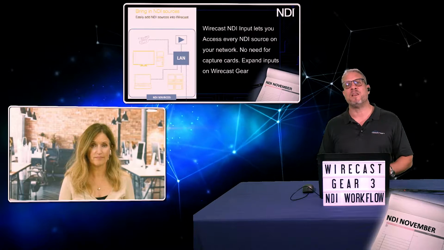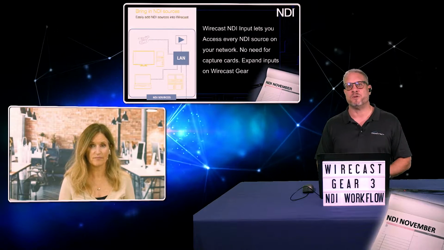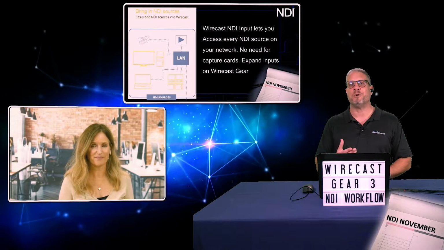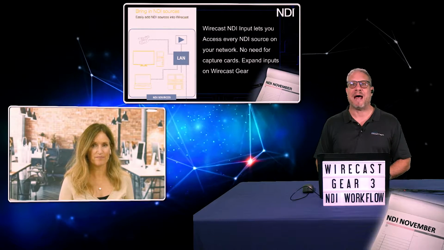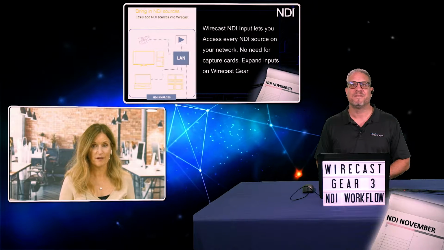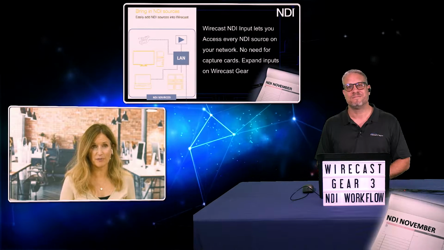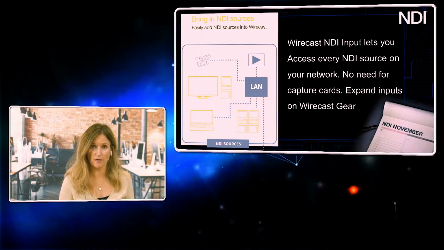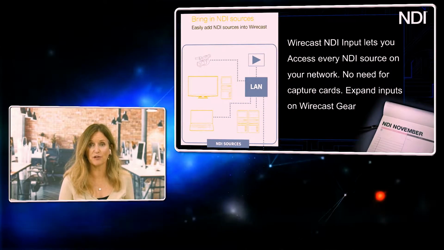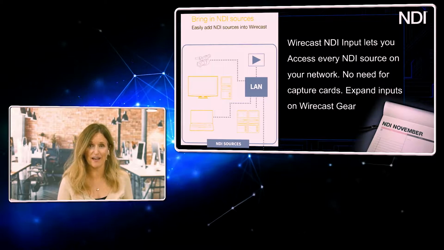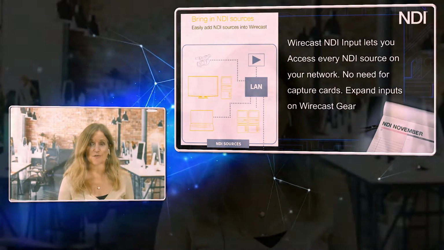And Lynn, I think that's one of the reasons why you guys also introduced the Wirecast Gear as a turnkey system, because now you can control some of that power and make sure that the horsepower is there to support the software, right? Right. And actually, we developed the Gear several years ago. We're on the 3rd generation of Gear hardware now. But the initial impetus for us to develop that was that people kept coming to us and saying, what capture card should I use?